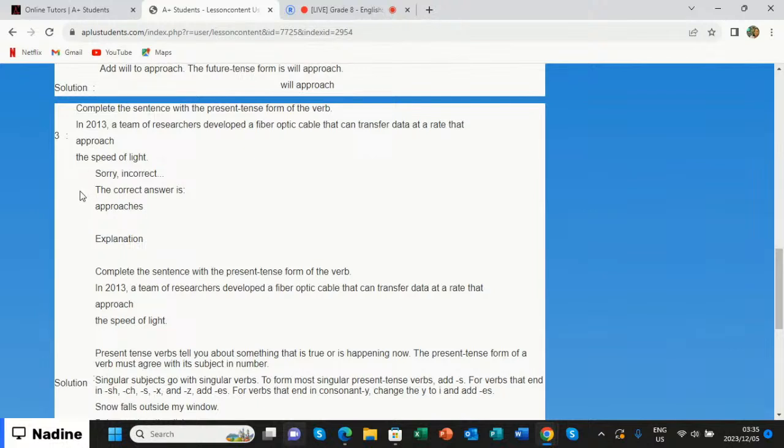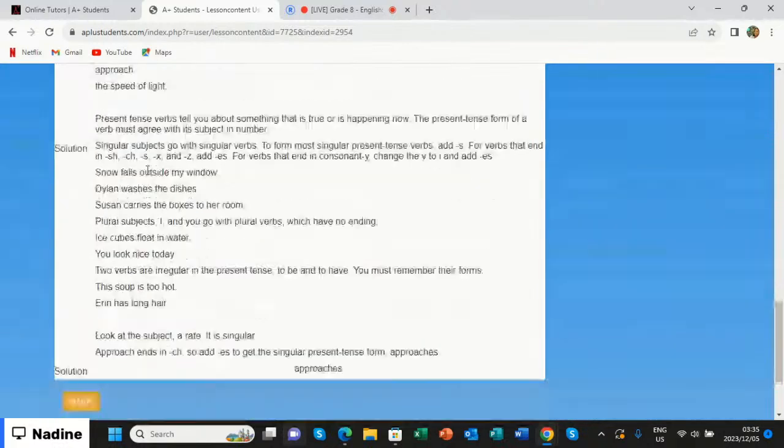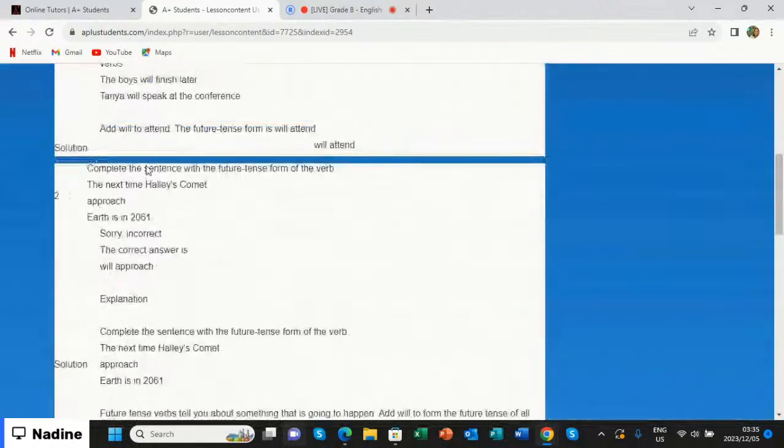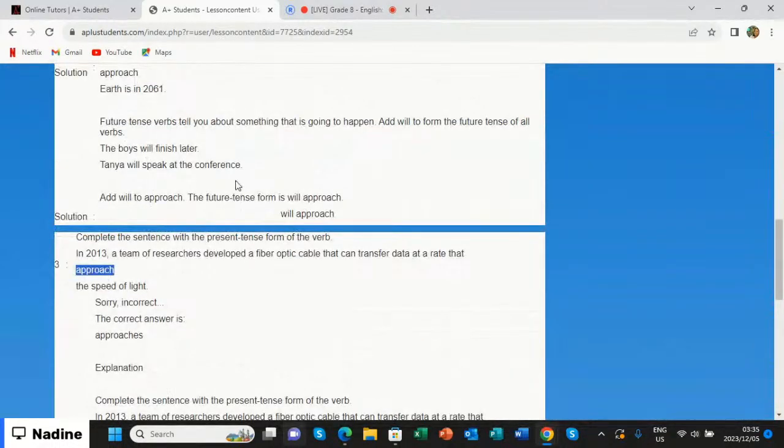We're going to change this word. This is saying the present tense, so now we need to give the present tense form of this verb. The present tense is happening now. So a team of researchers developed a fiber optic cable that can transfer data at a rate that approaches the speed of light, because approaches is now.